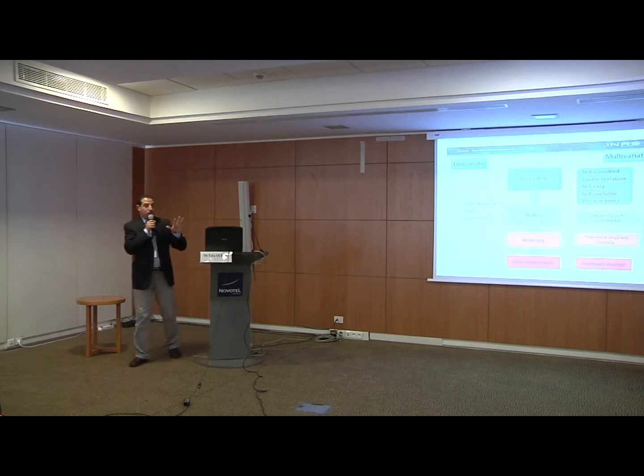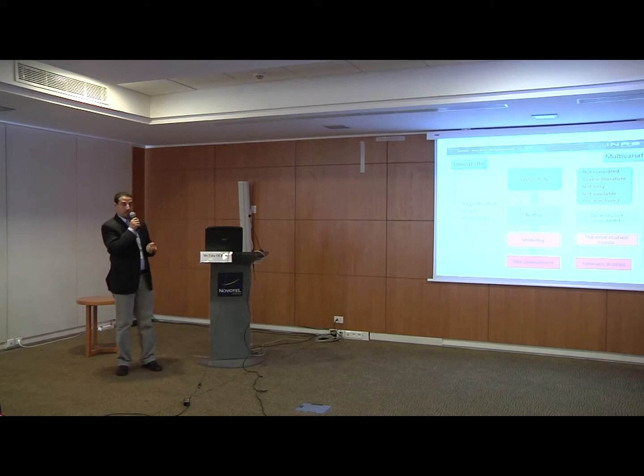So today I'm focusing only on the first step, which is exploratory analysis. In the univariate setting, there is a large literature, it's very simple, and it's widely used. However, in the multivariate setting, the first step is not considered at all. There is a very, very sparse literature. It's not easy to use, and the tools are not available.